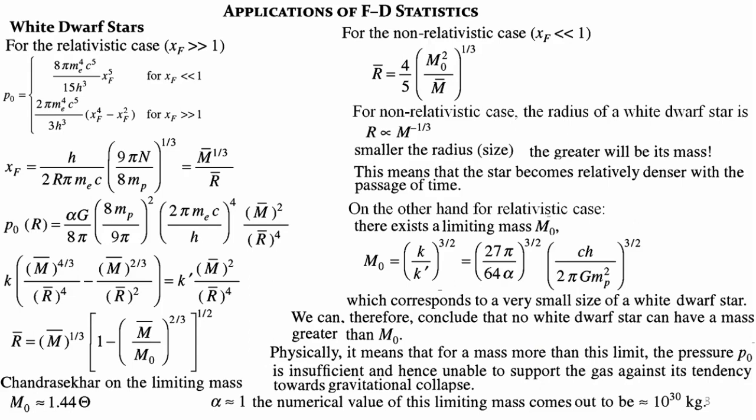It is the value of the limiting mass for a white dwarf star, beyond which, if any star possesses a mass larger than this Chandrasekhar limit, then that star would exhibit a gravitational collapse and can lead to a supernova or formation of a black hole, something like this.